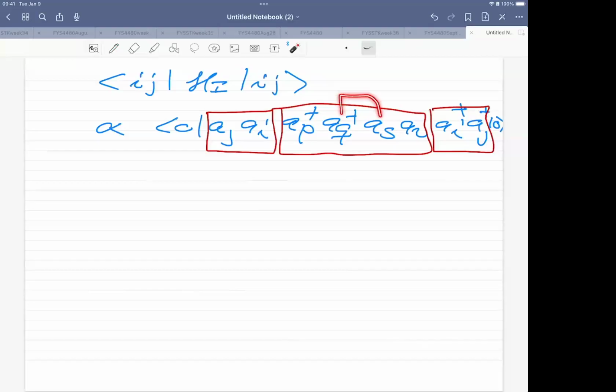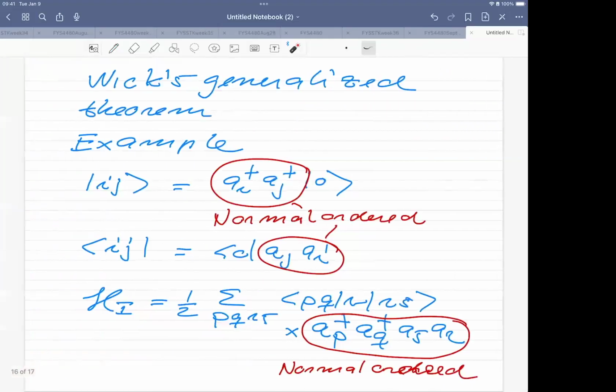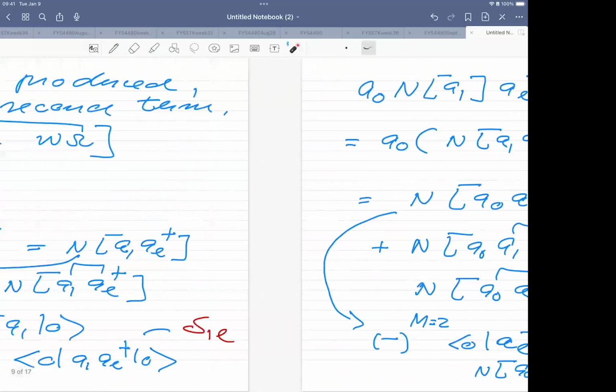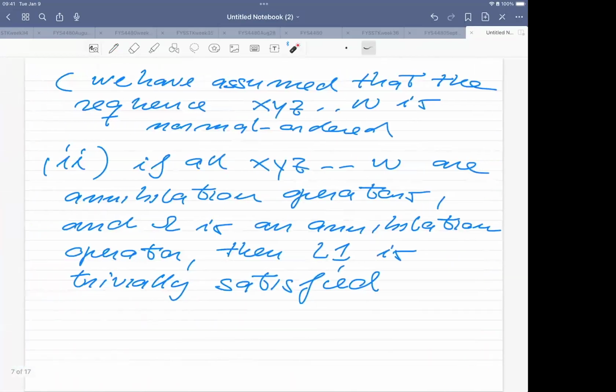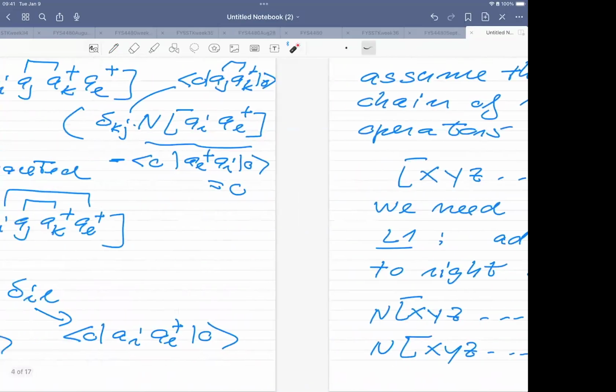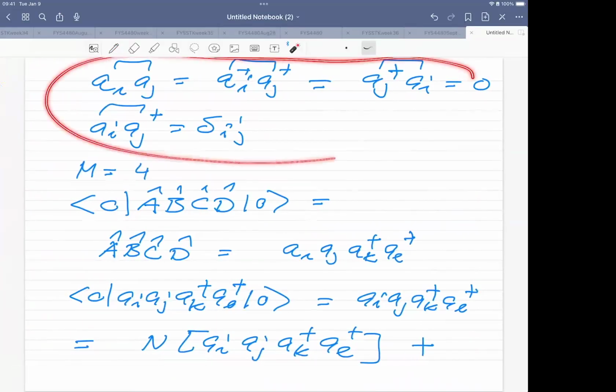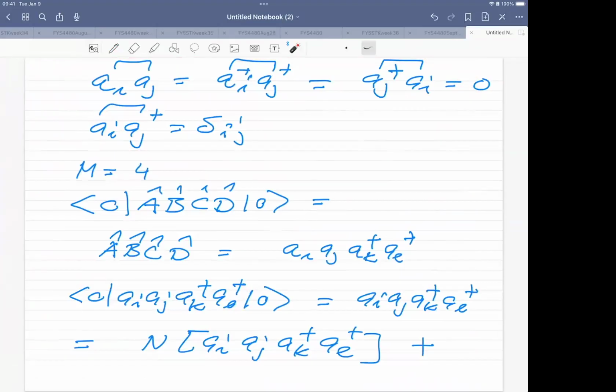Any contraction which we make inside here is equal to zero by definition. If we go back to the rules which we have set up for the definition of contractions, we see immediately that when we look at these expressions, there's only one which gives us a non-zero contribution.